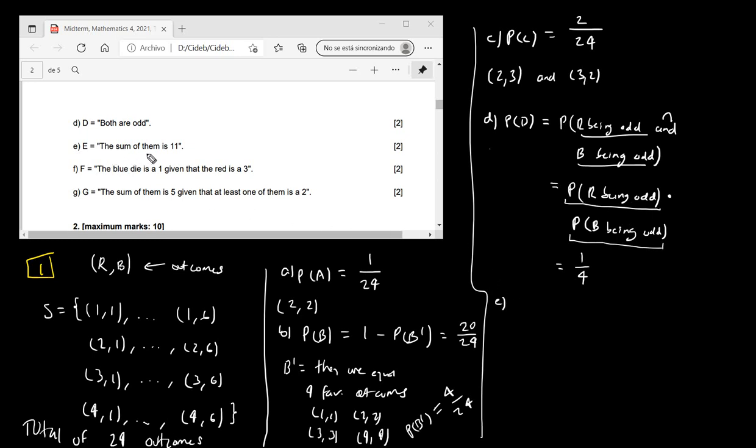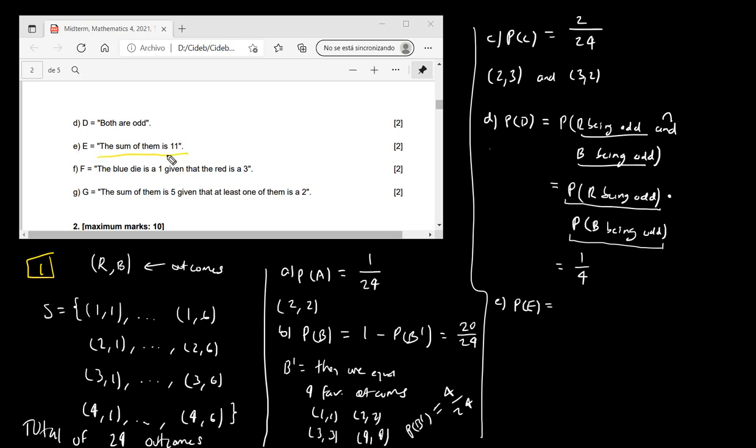Letter E, the sum of them is 11. Basically, I have to investigate my sample space and spot how many outcomes make up a sum of 11, which will be none.